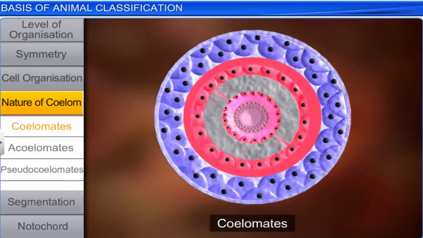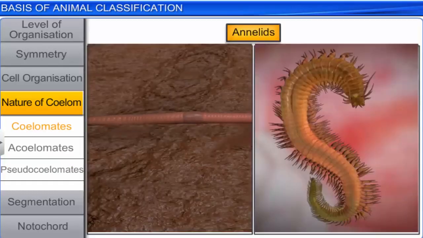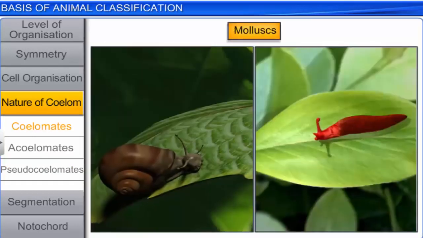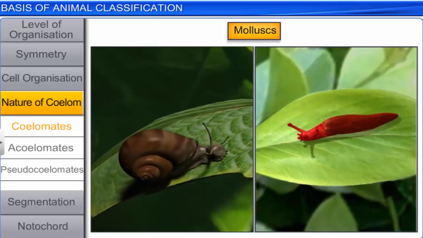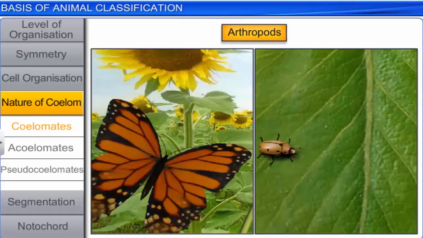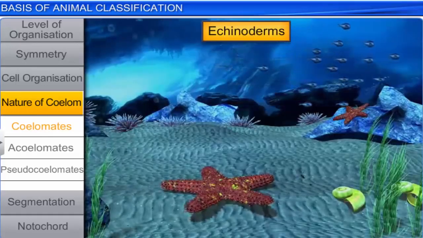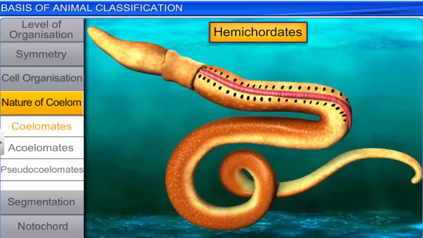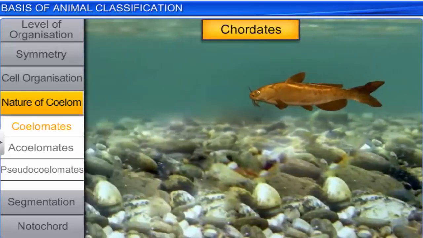Coelomates are animals that possess a body cavity, such as annelids, molluscs, arthropods, echinoderms, hemichordates, and chordates.